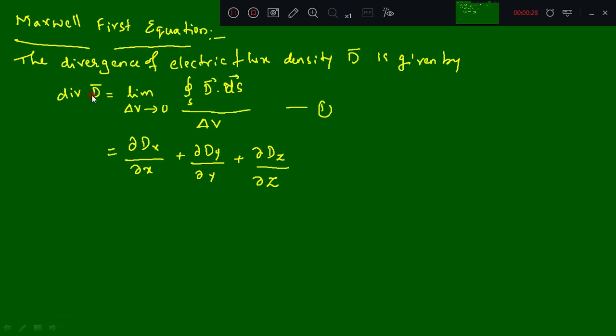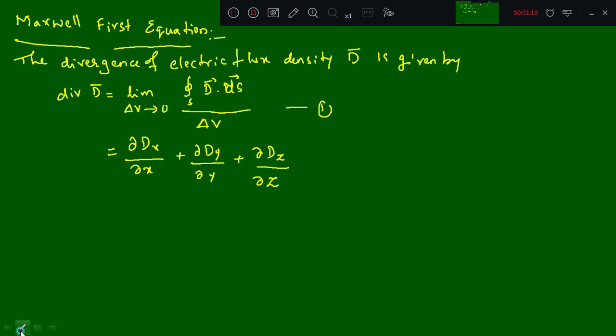The equation of Maxwell can be derived with the help of divergence of electric flux density D. Divergence of D is equal to limit delta V tends to 0 of surface integral D dot dS divided by delta V. This you can call equation number 1, and this is also equal to ∂Dx/∂x plus ∂Dy/∂y plus ∂Dz/∂z. This we already know, and we have also derived it in the previous derivations.